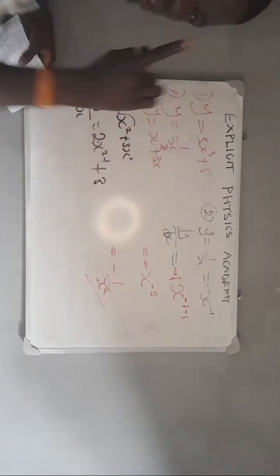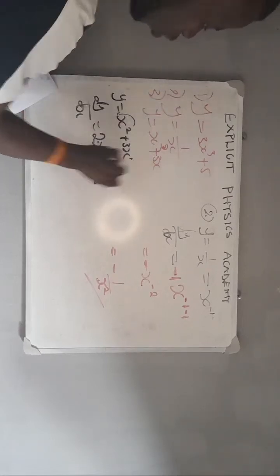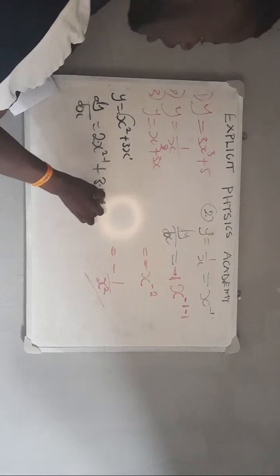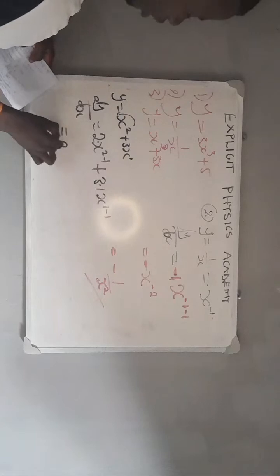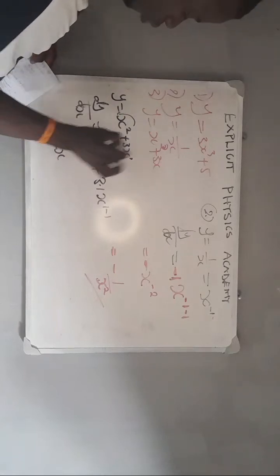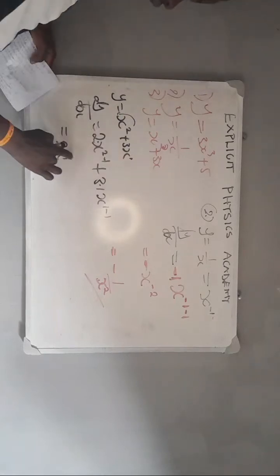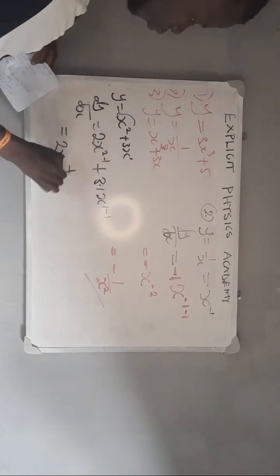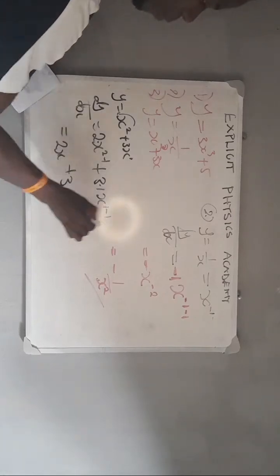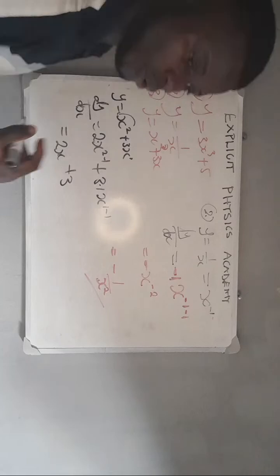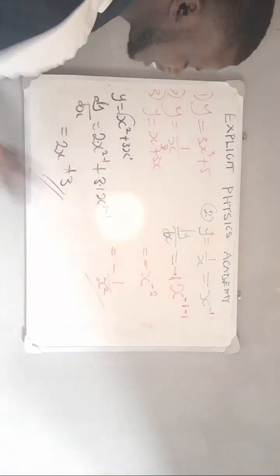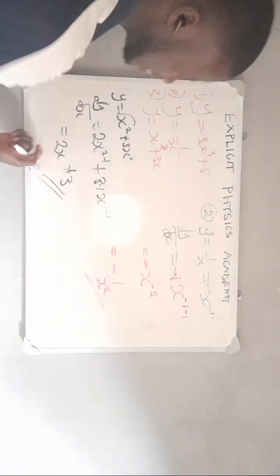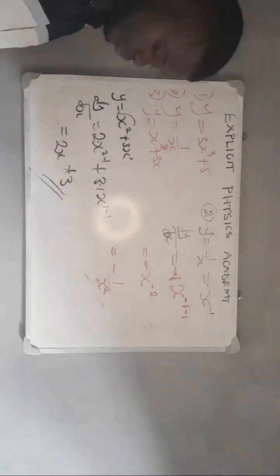Here the 1 comes down, the same thing, but we always remove the x^(1-1). So if you play with this, you are going to have 2x. 2 minus 1 is 1, and we always remove it. Plus 3, since 1 minus 1 is 0, and any variable with the power of 0 is always 1. Now check the problem we solved; you see that it tallies with what we did there. I hope it is making more sense now.